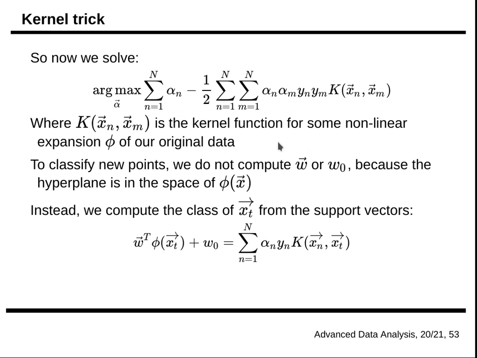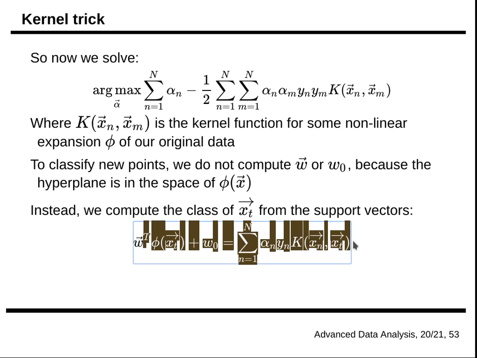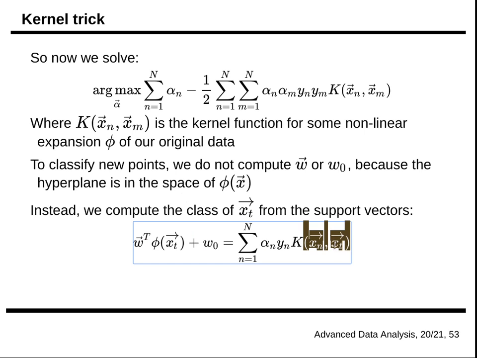Okay, now to classify, we don't actually compute the discriminant, because the discriminant now is in a much higher dimensional space, but we can still classify by using the same kernel function and looking at the sign of this expression.